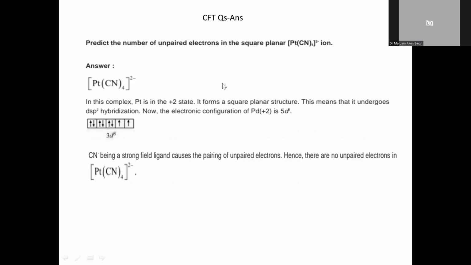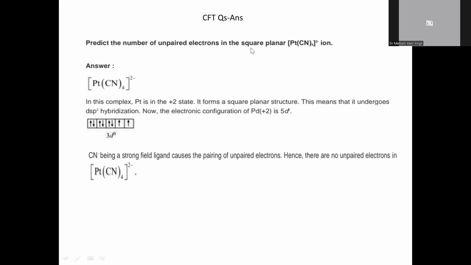I told you to predict the number of unpaired electrons. Nickel is in platinum is in +2 oxidation state. It means the hybridization is dsp2, and the geometry is square planar.